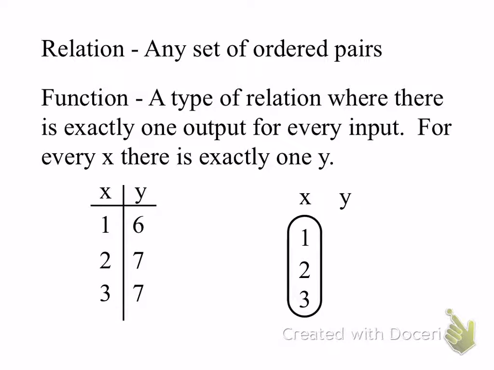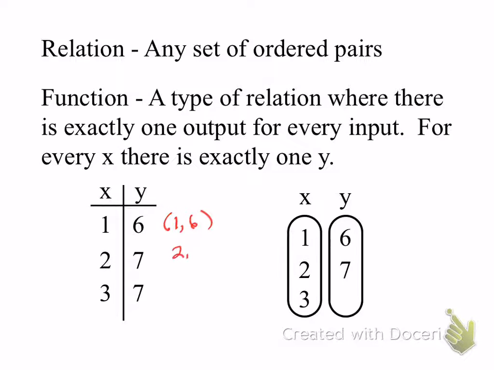we are seeing a function in two different ways. So the first function is what this means: 1, 2, 3 and 6, 7, 7. The first one really means it's an ordered pair, right? 1, 6.